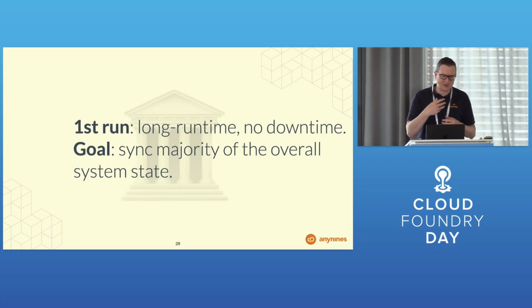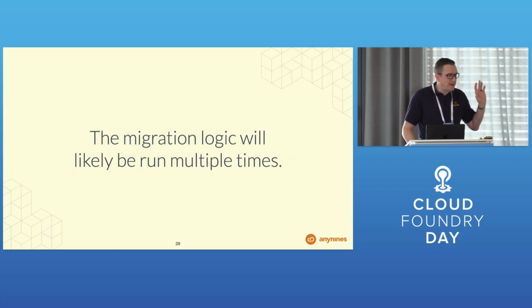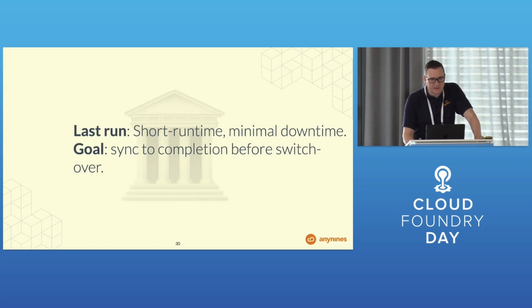For example, applications could be created or deleted, and application users will use the applications, so databases will change in state. However, you'd have, let's say, 80, 90, maybe even 95% of the state transferred in the target system, which is the part that takes a long time. So it can happen behind the curtain, and users won't really notice very much. The last run will then be of a comparatively short runtime. It could still take an hour or two or several hours, but it will come with a small downtime. The goal of this step would be to sync to completion and then do the switch over.